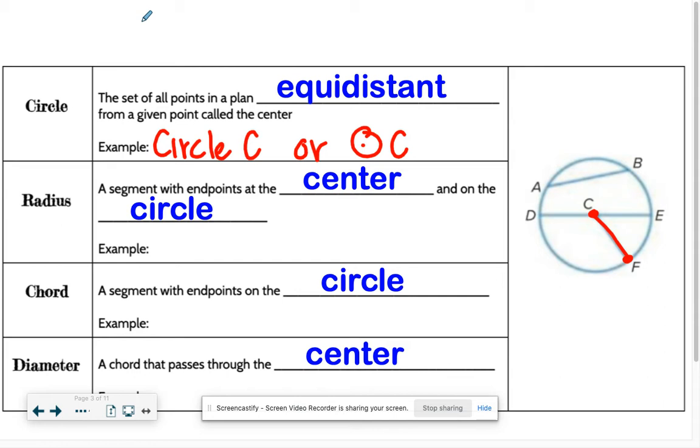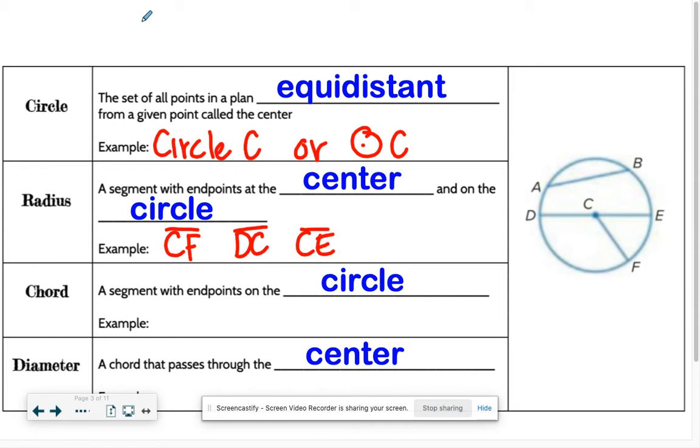So like CF could be an example. A few more on there would be DC, or the other one there, C. Those would all be radii. The order of those letters doesn't matter. You can flip the order and have FC or DC or CD and so on.